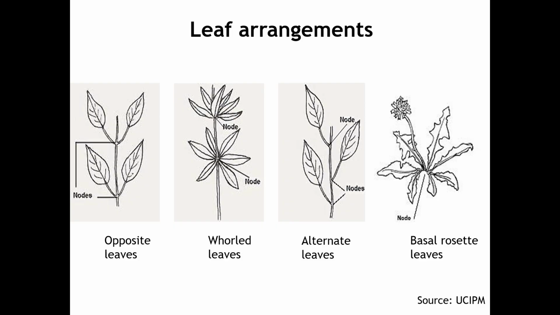Then the other feature that helps us identify weeds is the leaf arrangements. Plants have opposite leaves, they can have whorled leaves, alternate leaves, or the basal rosette type leaves.